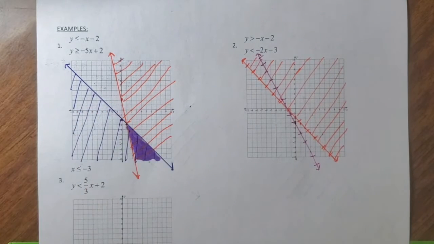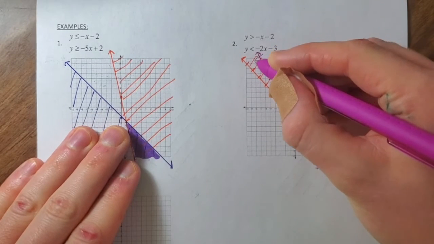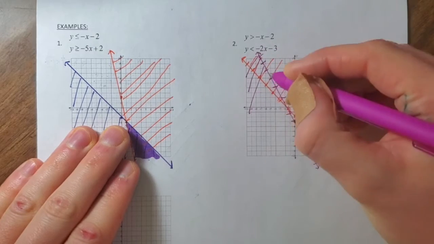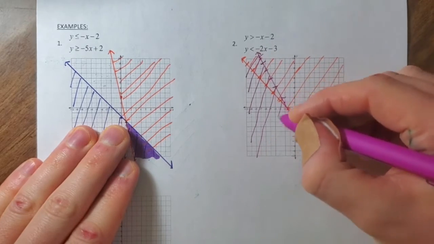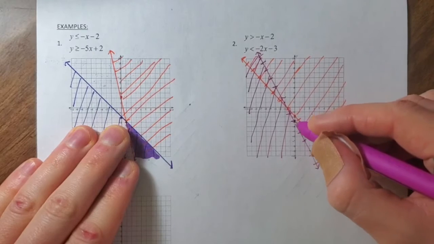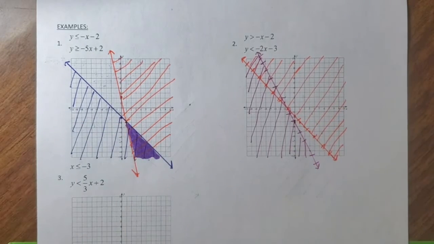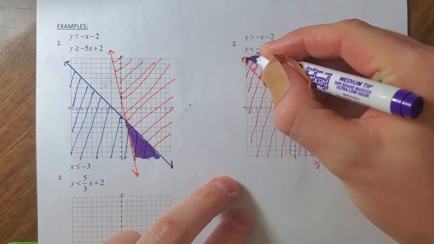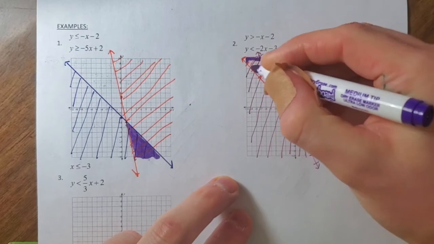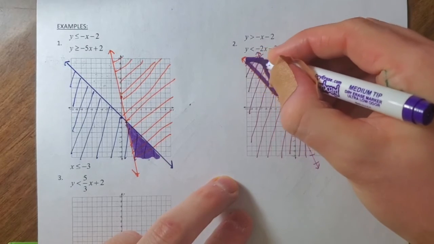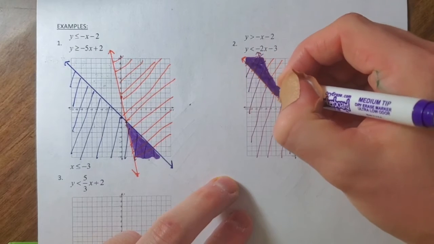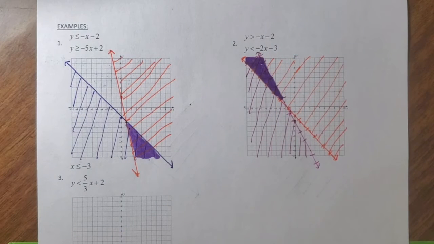Likewise, for our purple line, y is less than negative 2x minus 3, we want to shade everywhere below our purple line. Which it looks like they overlap. Now in this upper corner is where our shaded regions are overlapped, giving us a region of solutions for our original system.